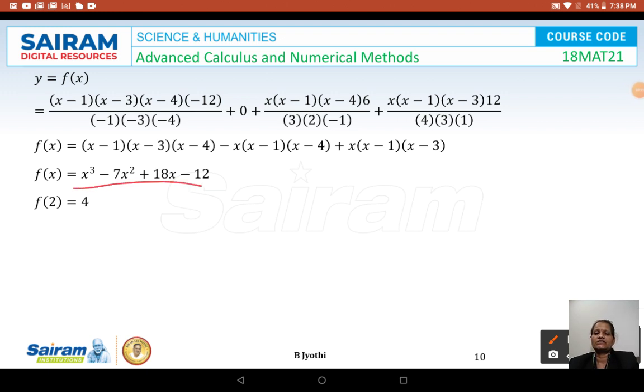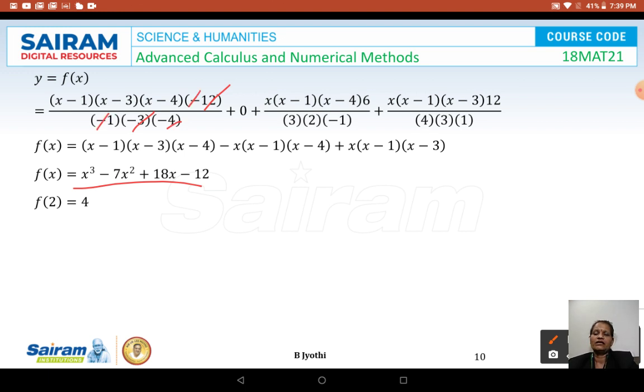So x minus 1 into x minus 3 into x minus 4 into minus 12 by minus 1 into minus 3 into minus 4 plus 0 plus x into x minus 1 into x minus 4 into 6 divided by 3 into 2 into minus 1 plus x into x minus 1 into x minus 3 into 12 by 4 into 3 into 1. On simplification, this 12 gets cancelled with 3 and 4, and this minus sign will be cancelled with the minus sign.